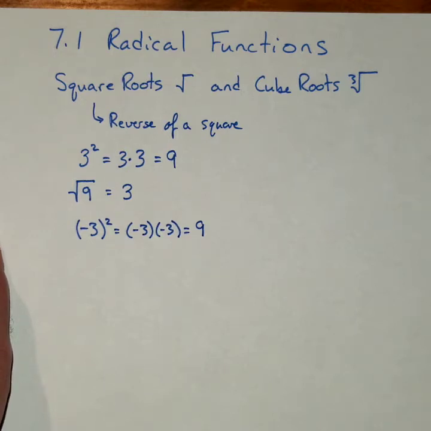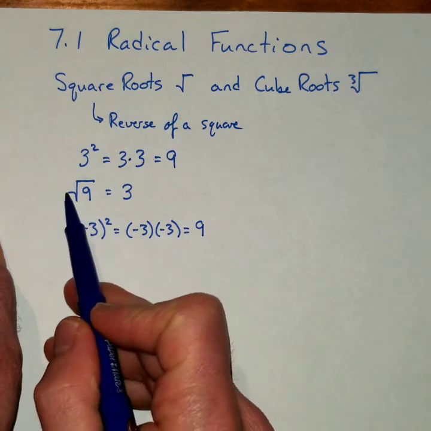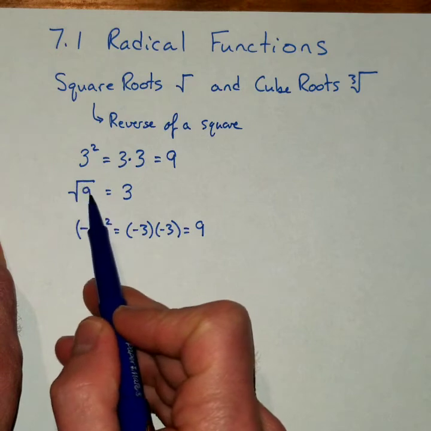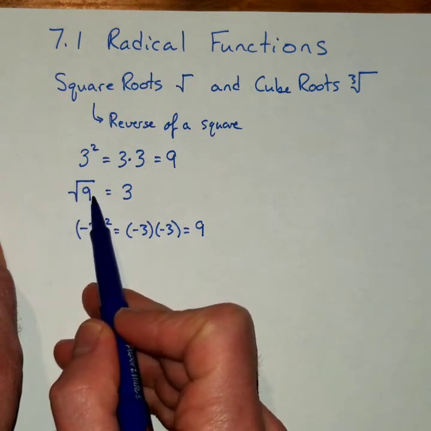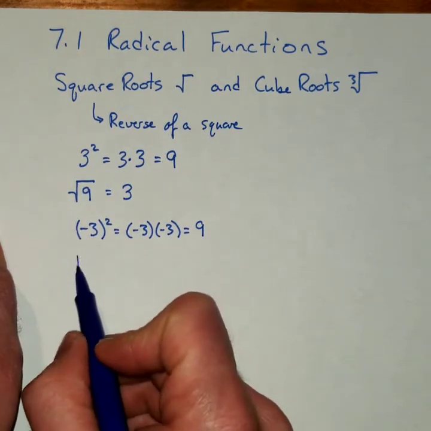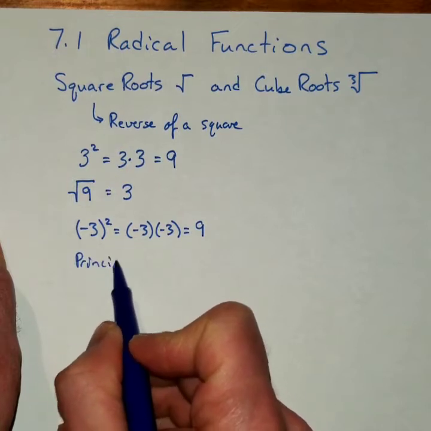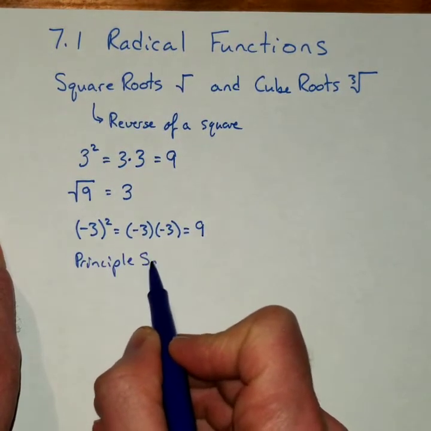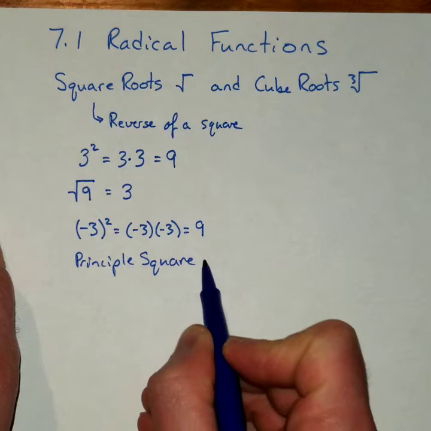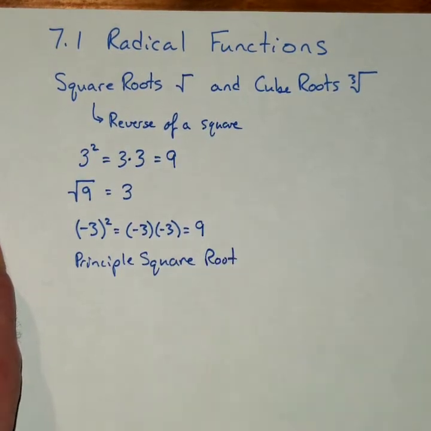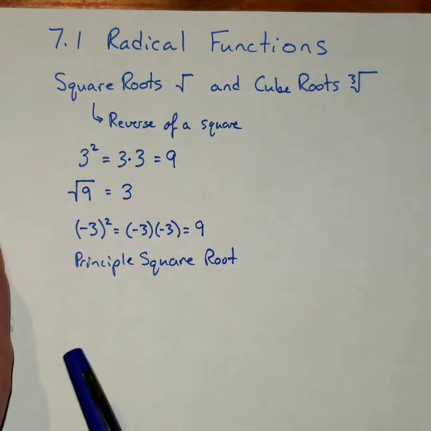And so we're going to specify that the square root here, as written, is going to be what we call the principal square root. The principal square root is the positive one.